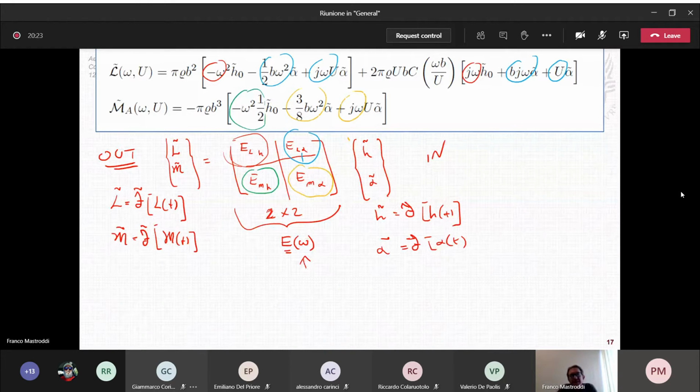So, what is the meaning of a frequency response function? In the elementary case, you have an H function of omega, applying to an input, giving you an output.